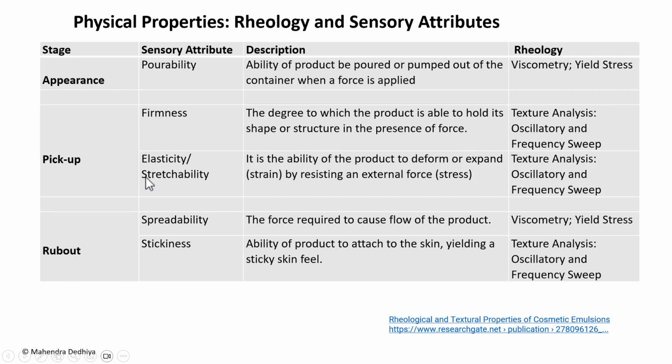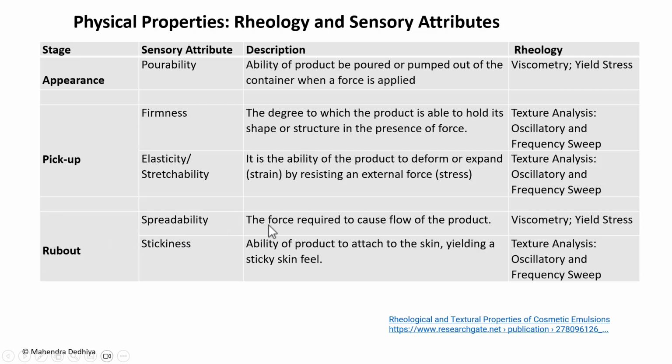Pickup, elasticity and stretchability. It is the ability of a product to deform or expand, strain, by resisting the external force, that is stress. That can be done through viscometer, texture analysis also. Spreadability, part of rub out.